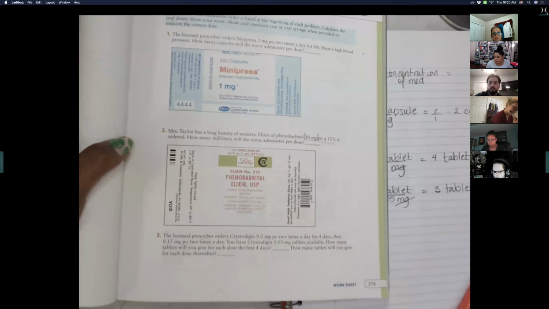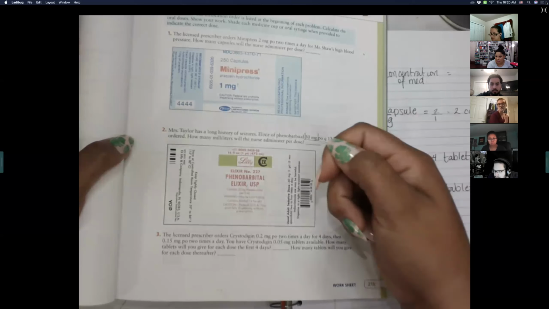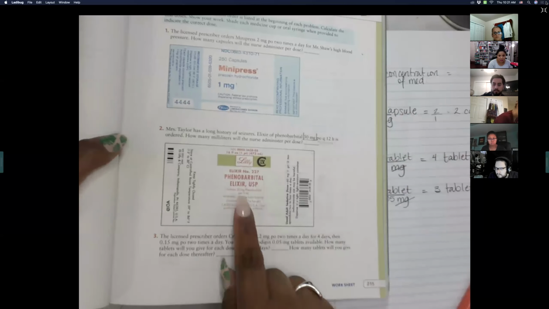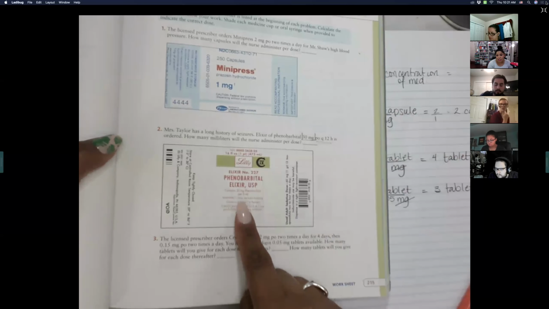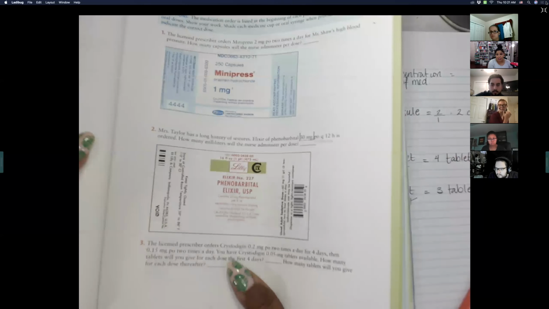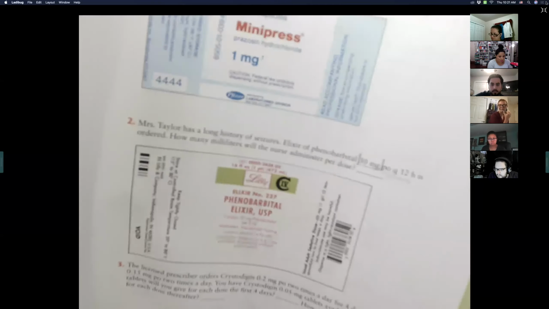Buy yourself one of those dollar little magnifying glasses. Go buy a little dollar magnifying glass at the Dollar Tree, because this print is extremely tiny. And your eyes, they're either going to grow strong or you're going to buy a dollar magnifying glass. Trust me. Because see, I can't even get it.